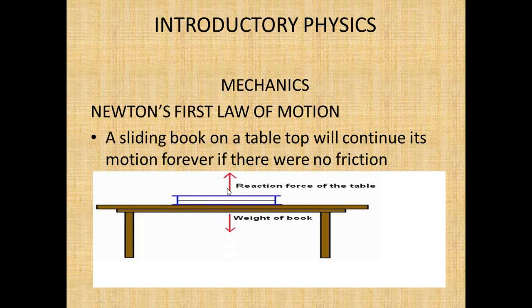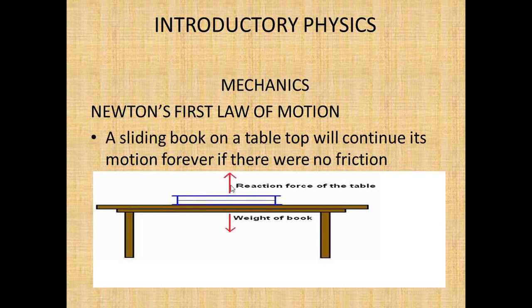These two forces have to be the same for it not to be moving. This is what we call a balanced force: the force pulling the book downward, due to gravity, and the surface, which holds the book and prevents it from dropping to the center of the earth.